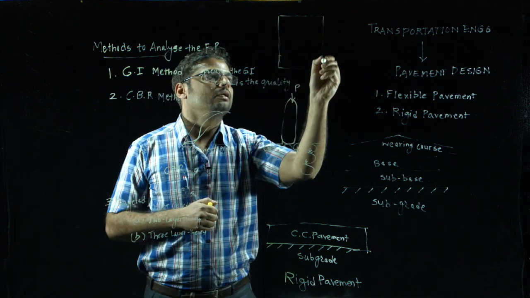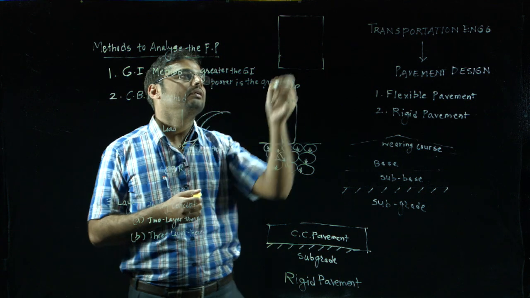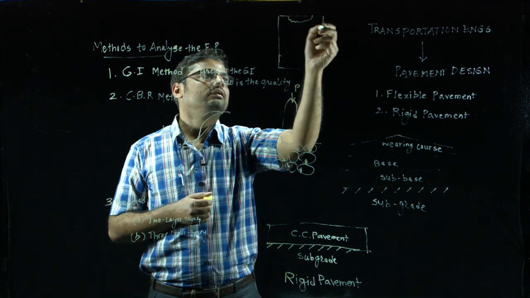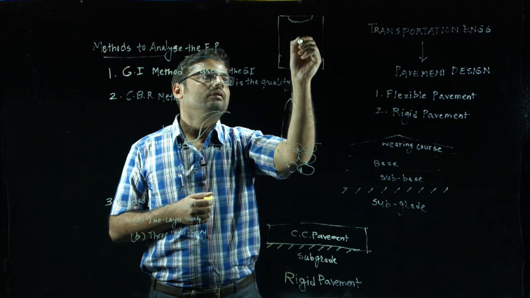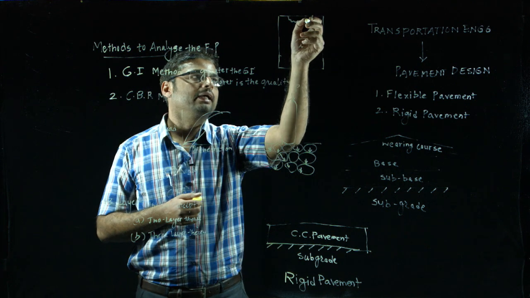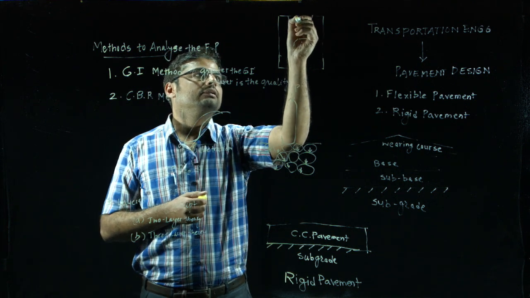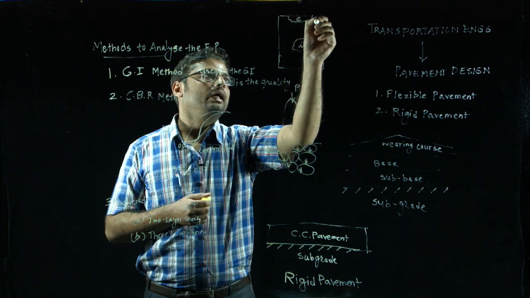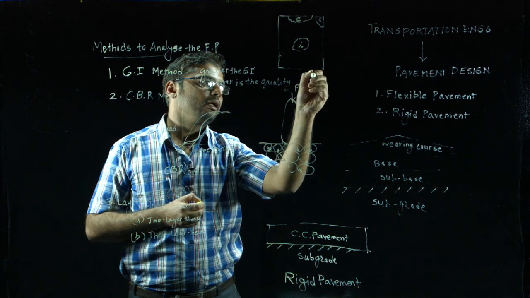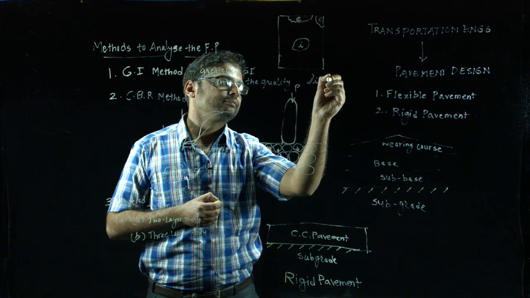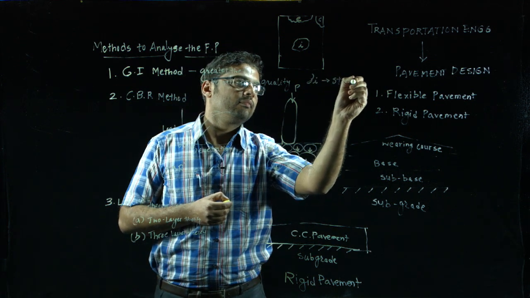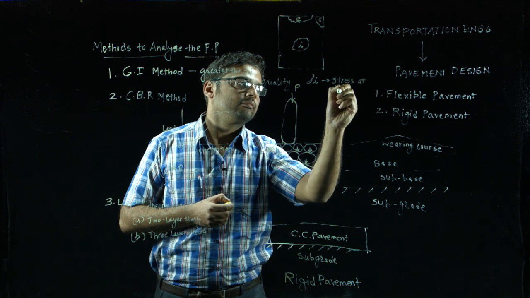If this is my rigid pavement, we calculate the stresses at the interior, which I show with a small I, at the edge of the pavement and at the corner of the pavement. Let us say I write here sigma I, that is the stress at the interior.